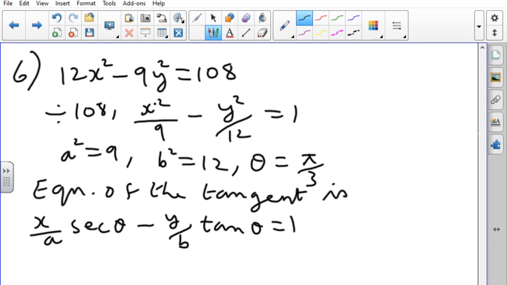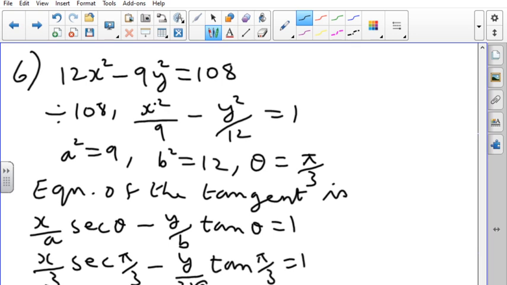So substitute the values here. x by 3, a square is 9 so a is equal to 3, secant pi by 3 minus y by b, b square is 12 so b is 2 root 3, tan pi by 3 is equal to 1.